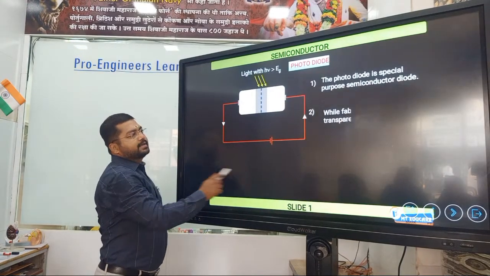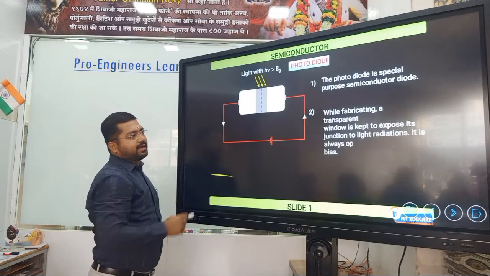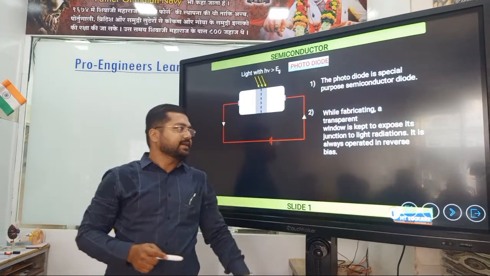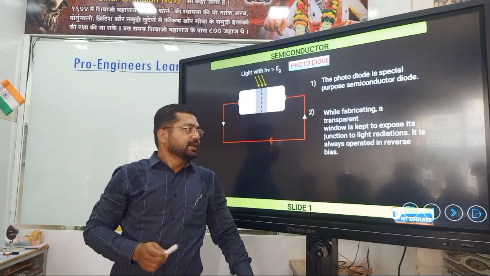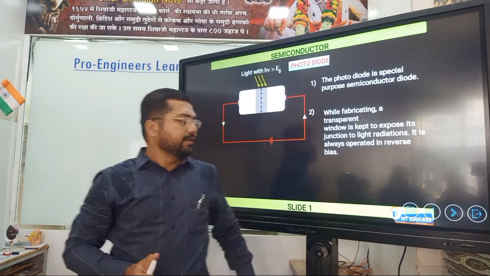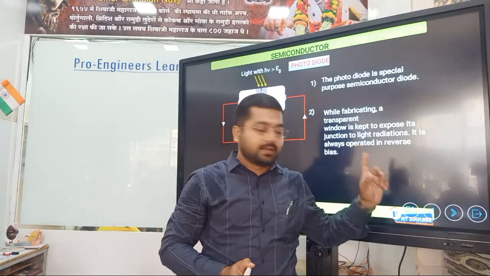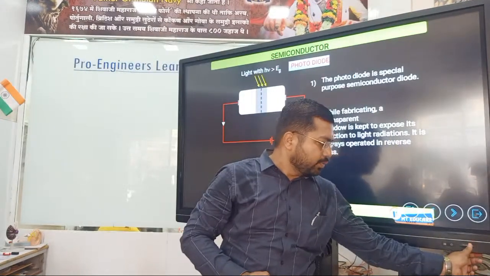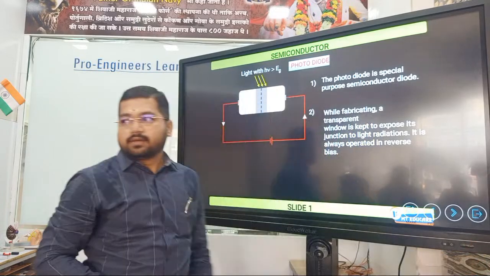So photodiode is a special purpose semiconductor diode. While fabricating, a transparent window is kept to access its junction to light radiation. It is always operated in reverse bias. So you can observe here the window is open, right?